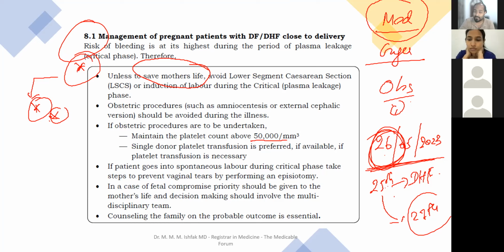So counseling family members in the initial stages of dengue is very important in a pregnancy situation. And who counsels this patient in the Sri Lankan setup? It is you guys. Unless you are working in a teaching hospital, where the registrars will do the counseling part. If you are in a base hospital, you are the chief in the ward when the consultant is not around.